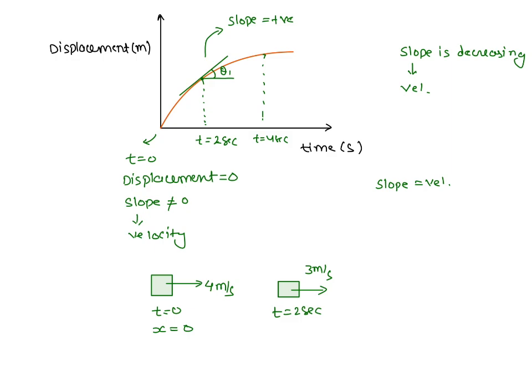Okay. So, according to me, force should be acting on this particle towards the left. Then this force will decrease the velocity or speed of this particle. When I'm saying velocity, I am talking about the magnitude of velocity.